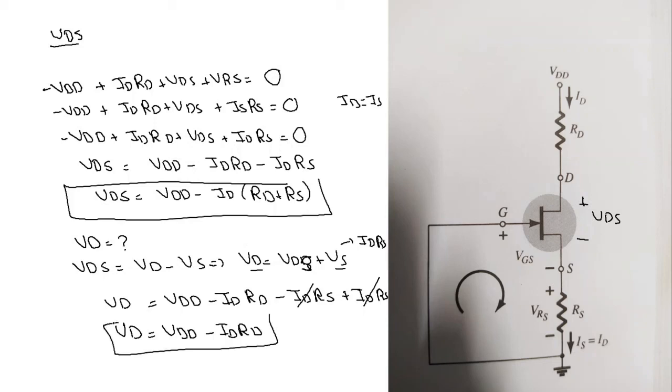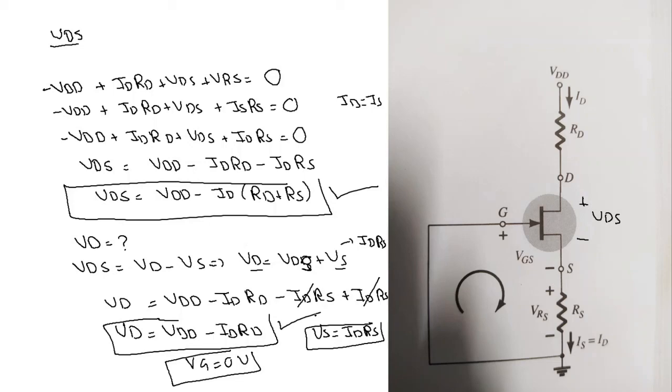So this is my VD. Similarly, I have also stated previously that VS is equal to IDRS. And because we do not have any source at the gate, VG is equal to 0 volt. So these are some of the governing output equations, and we have found them using Kirchhoff's voltage law. Thank you.